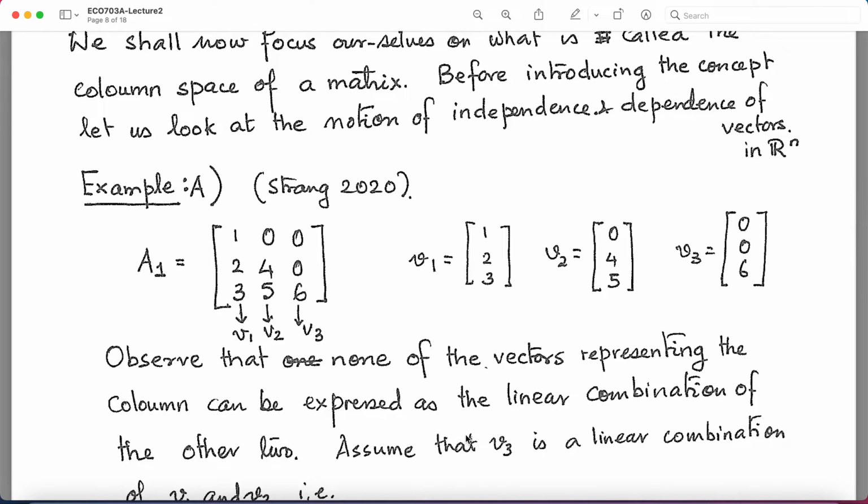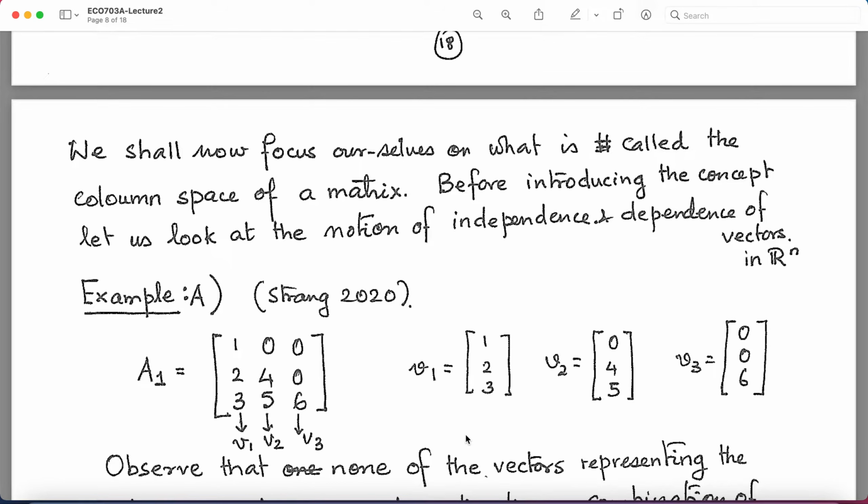Now, we will focus on a notion which is extremely important, and in many cases we will be repeatedly needing it, and that is the notion of the column space of a matrix. It means you take all the columns of a matrix and take all possible linear combinations that you can make of the columns.